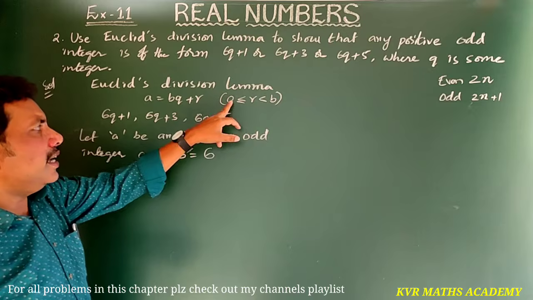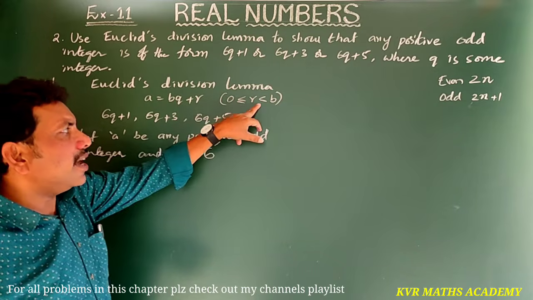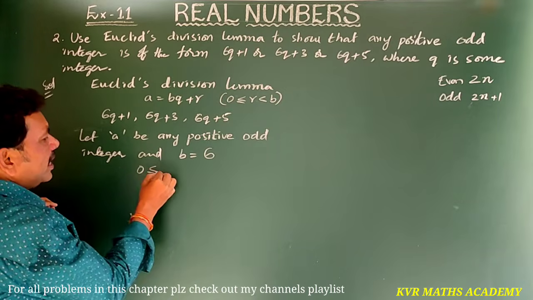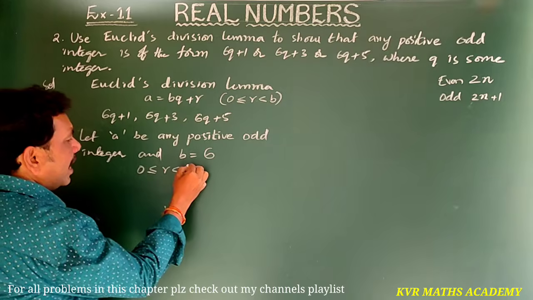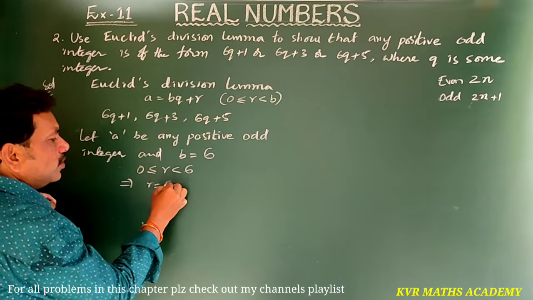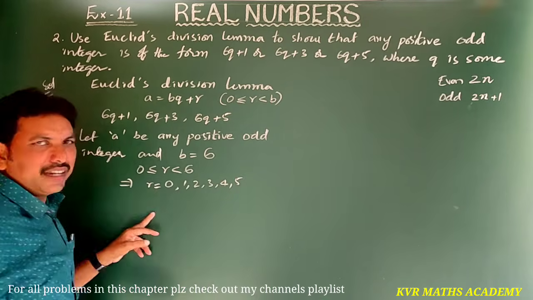Here r should satisfy 0 less than or equal to r less than b, which means here 0 is less than or equal to r is less than 6 only, which implies r is equal to 0, 1, 2, 3, 4, 5 we should take.